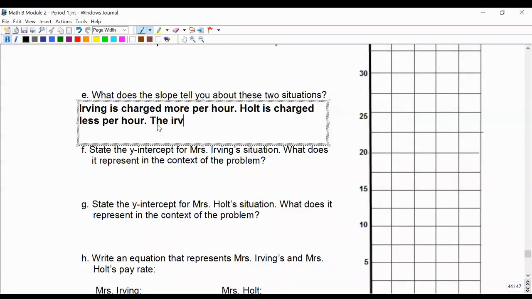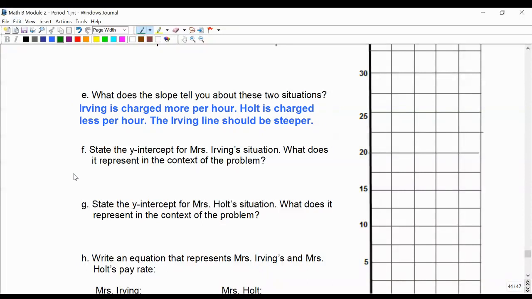The Irving line should be, what do we think, more or less steep? Irving was charged more, should be steeper, should be more steep than the Holt one. They're going to be pretty close though.